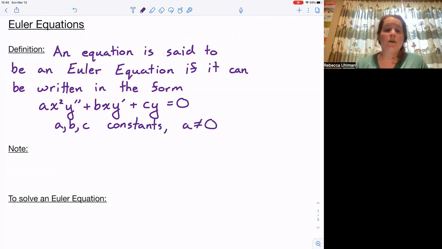So just a quick note here, x equals 0 is a regular singular point of an Euler equation.